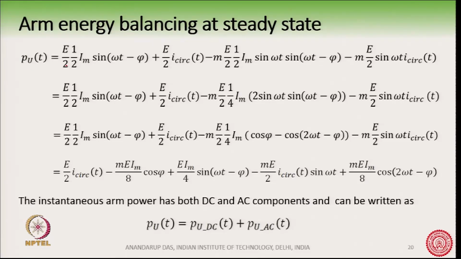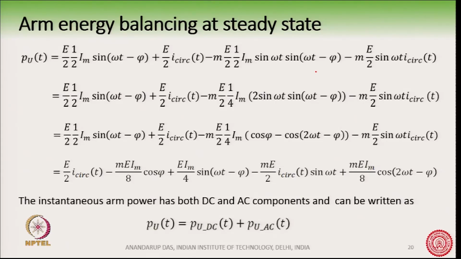You can also do it yourself. You multiply all of them one by one and you get a big expression here, in which you can see that there is a sin omega t and sin(omega t minus phi), this kind of sin A sin B format.